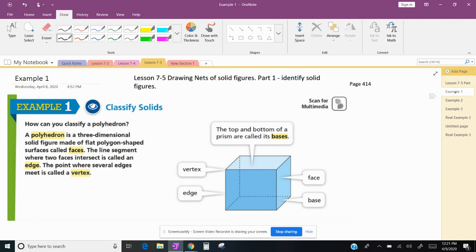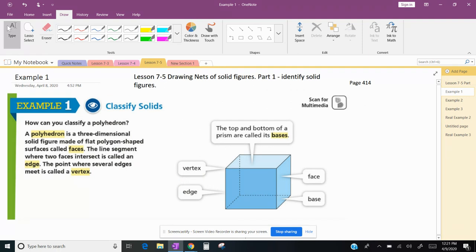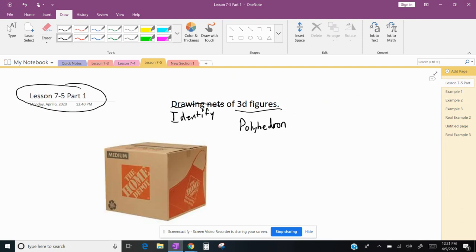Let's look at example 1. So if you want to look in your book, this is page 414, if you want to look along in your book. And it says, a polyhedron is a three-dimensional solid figure made of flat polygon-shaped surfaces called faces. So the flat parts that go across, they are the faces. So if I go back to the box, this has a face on the right there.